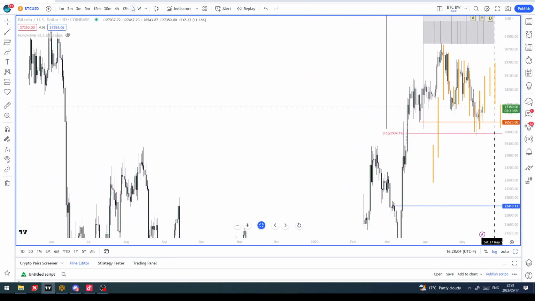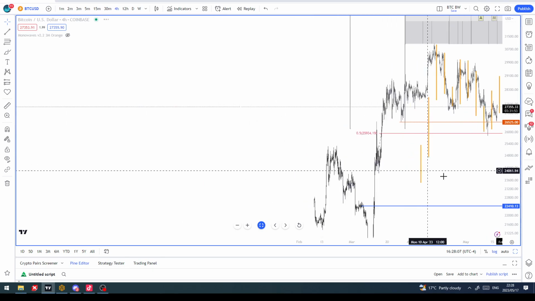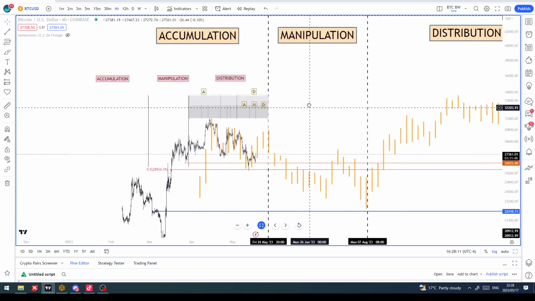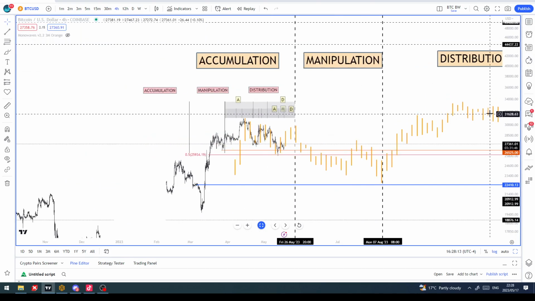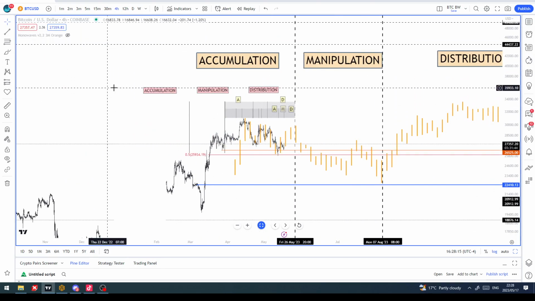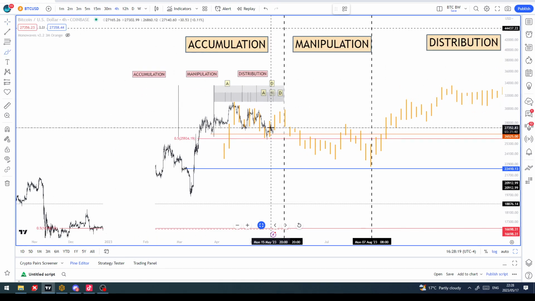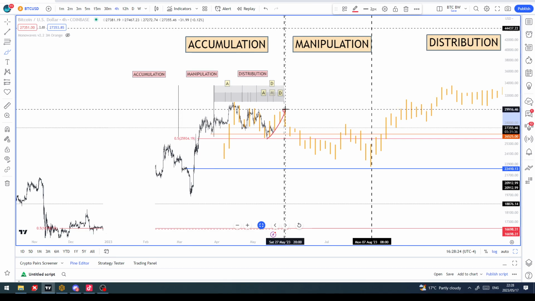Anyway, this is a NAS fractal that I've been playing around with, together with the accumulation, manipulation, and distribution phases on a yearly candle. We are still in an accumulation phase here. The manipulation phase comes in if we get this move up to that 30K area.